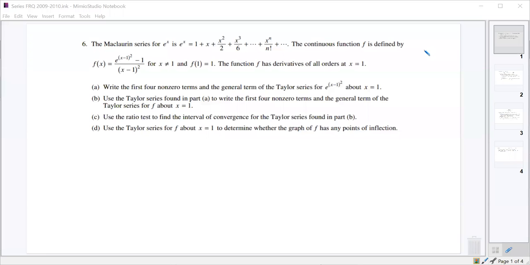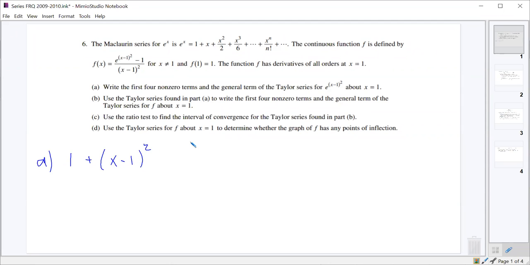Go through it. So the first part said, let's write the first four non-zero terms and the general term for e to the x minus 1 squared. So our first term should still be a 1. Our next term, we should replace the x with an x minus 1 squared. So we'll have plus x minus 1 squared.